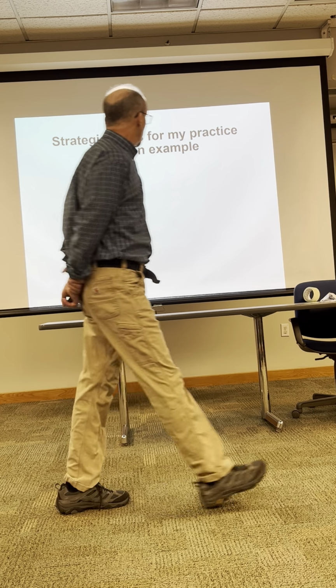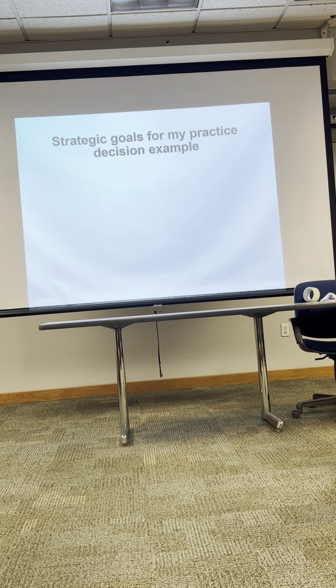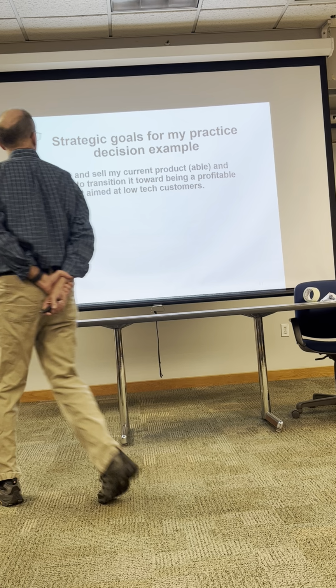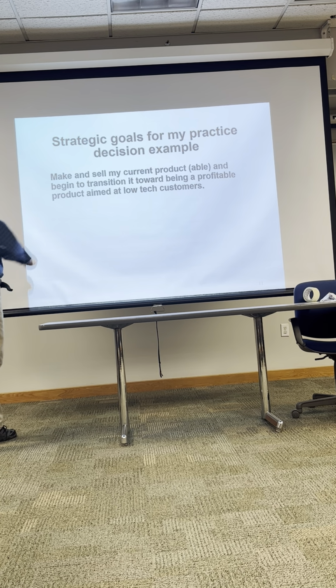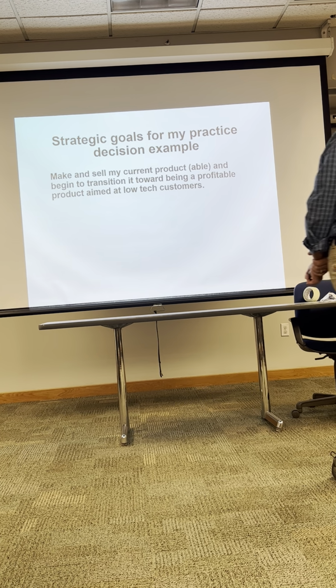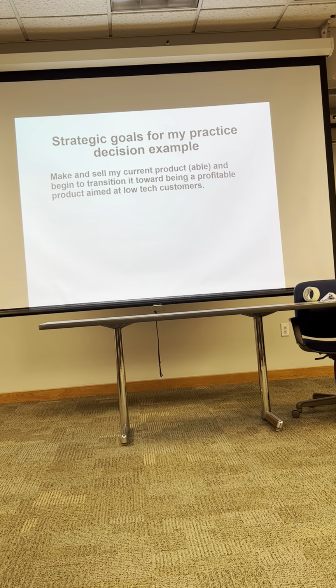Now, as far as this practice decision, I am going to make some strategic goals for it. 1, make and sell my current product, which is Able, and begin to transition it towards being a profitable product aimed at low-tech customers. Right now, it's a product that's right in the middle, just like everybody else's.